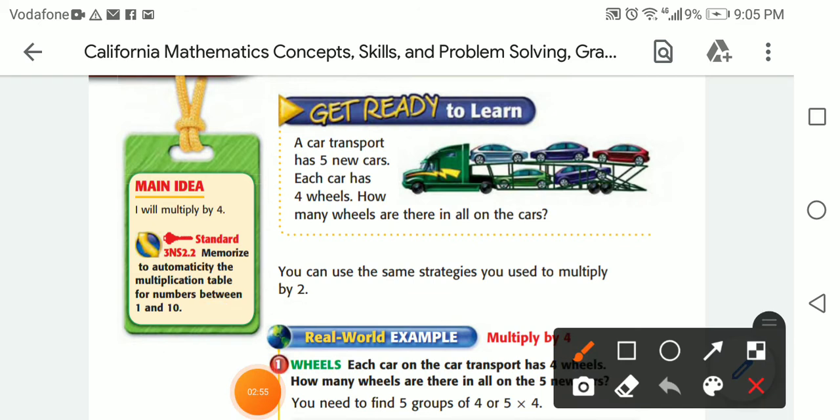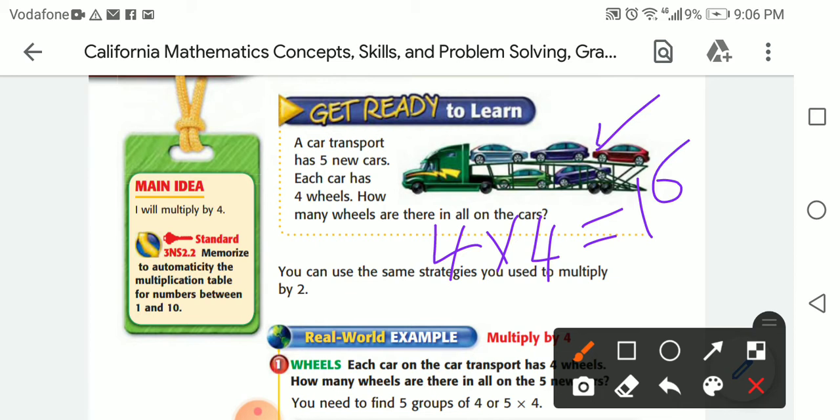When I say 4 cars, 4 multiply 4 equals 16. What about 5 cars? After 16, we have extra 4 wheels: 17, 18, 19, 20. So when I say 4 multiply 5, it's equal to 20.